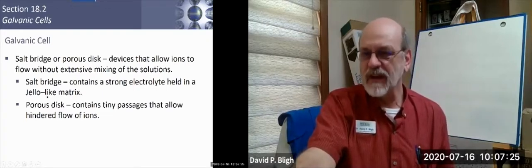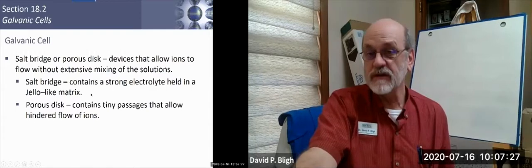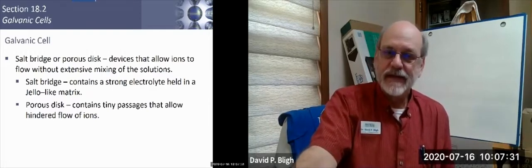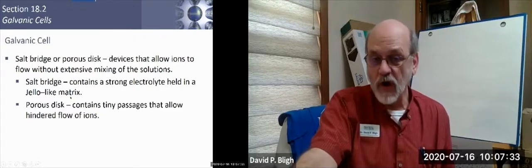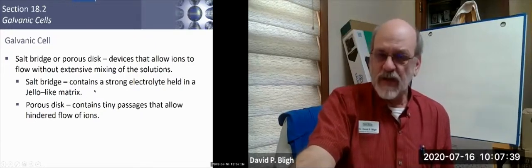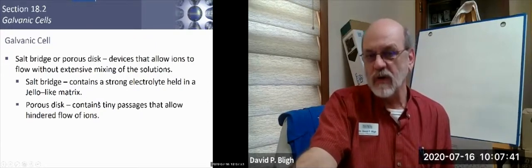It's kind of like Jell-O, only it's not Jell-O because Jell-O is a protein. Okay, and I've used both methods. I've used agar and Jell-O or protein in this salt bridge, and the protein always gives you trouble.